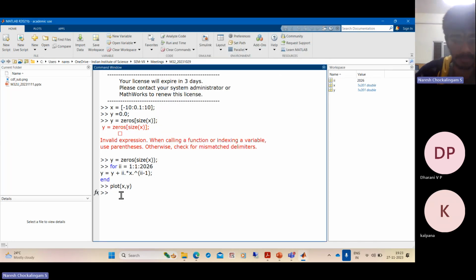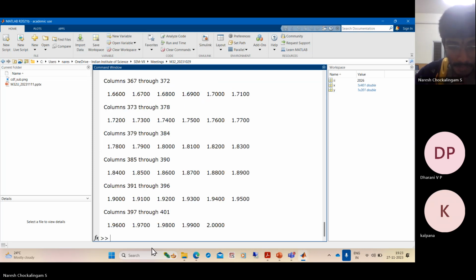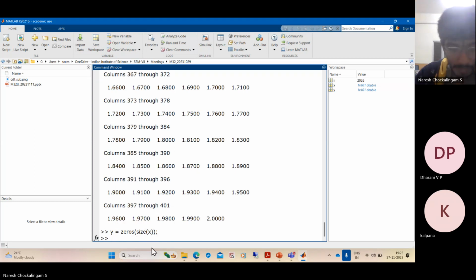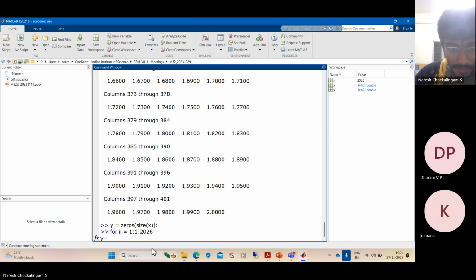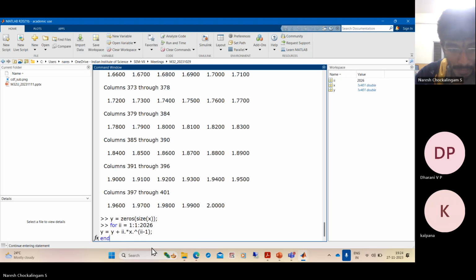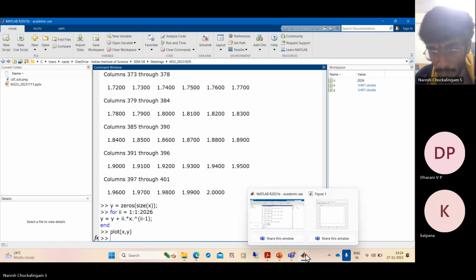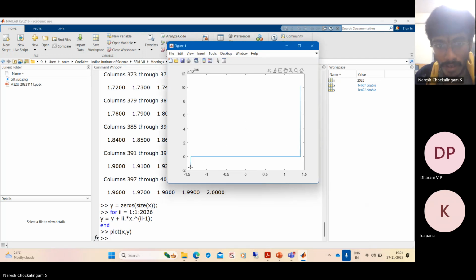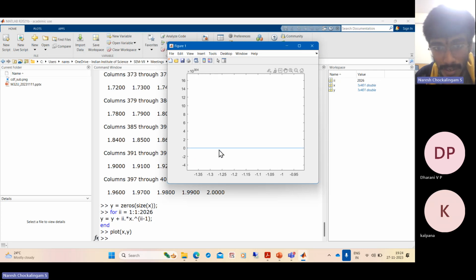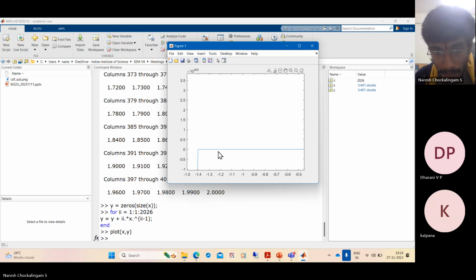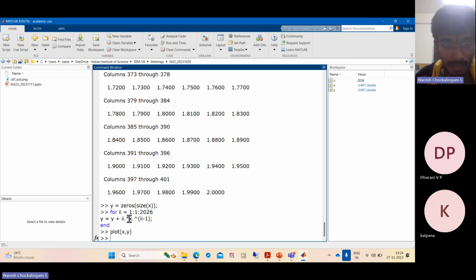So let me minimize the range. So it's the same. So if you zoom in close to this, you see in between. So let me limit.